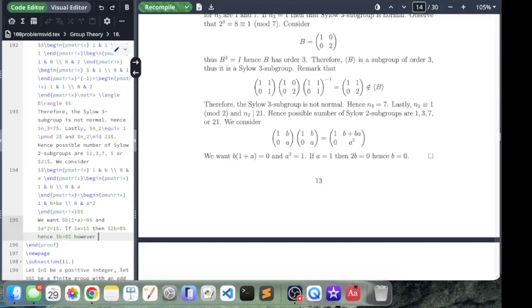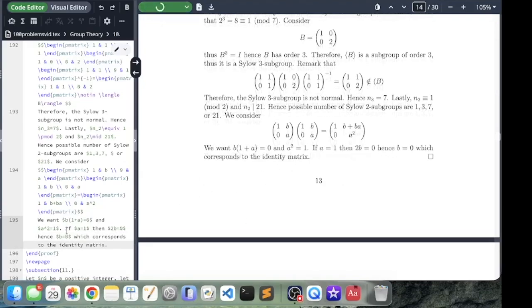However, hence B equals 0, which corresponds to the identity matrix. Okay, so this corresponds to the identity matrix. Now we want to look at the other possibility. What else can we have from this guy?